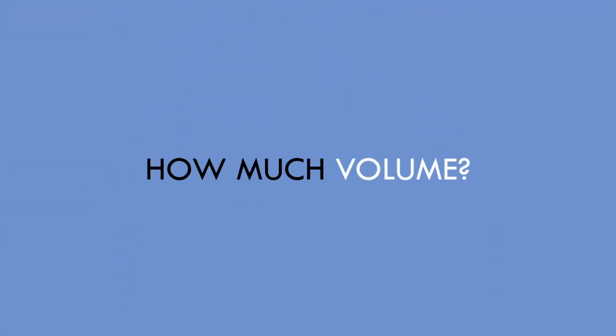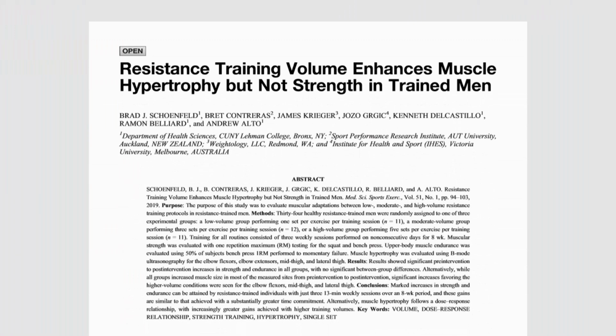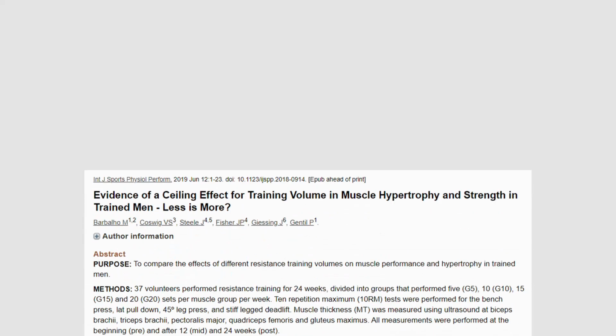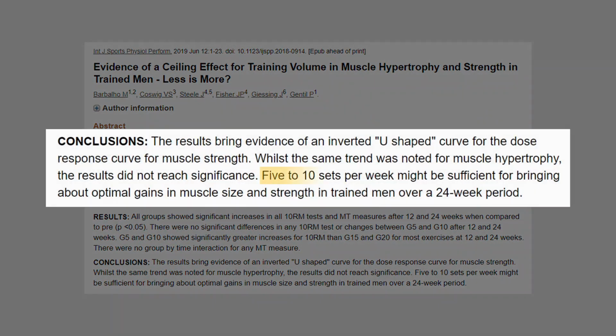This is a difficult question to answer, as there are mixed results in the research and many differences seen in practice among successful trainees. This study found best hypertrophy outcomes using volumes of up to 45 weekly sets for some muscle groups over an 8-week period, while this study found that training with 5 to 10 sets per week was superior to training with 15 to 20 sets over a 24-week period.